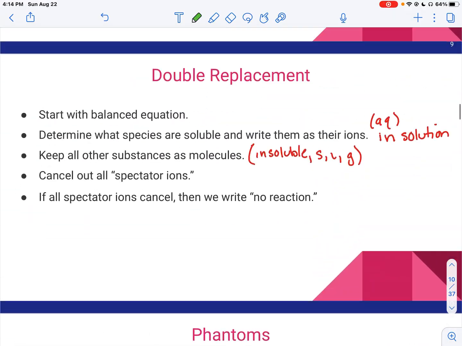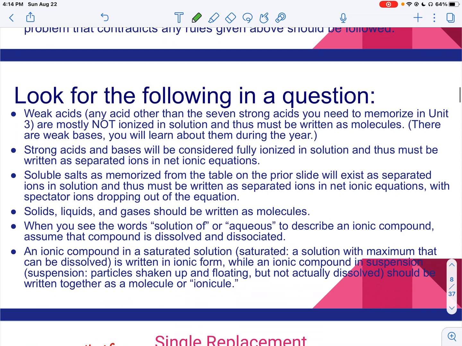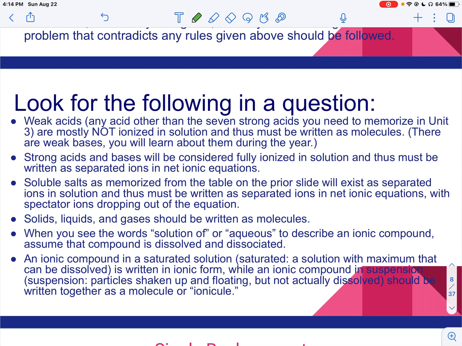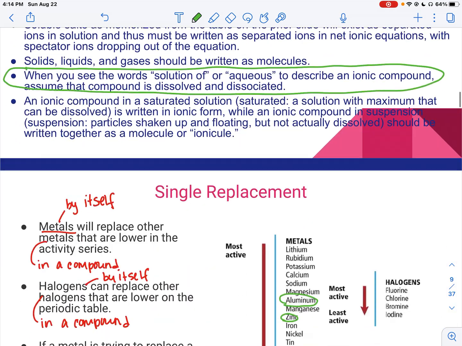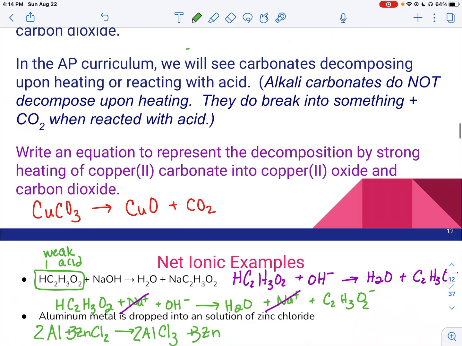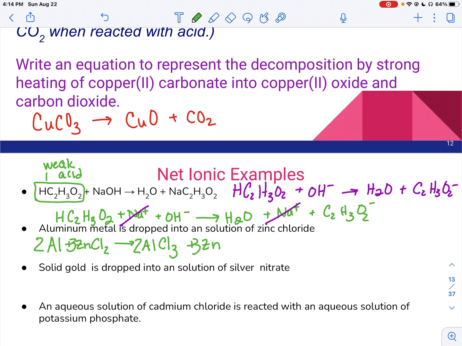But if we go back up to this, which I want you to have for reference in your notes throughout the year, when you see the words solution or aqueous to describe an ionic compound, you assume that compound is dissolved and dissociated. That means it's in water. It also means that we're assuming it's soluble. So we're going to break that apart.